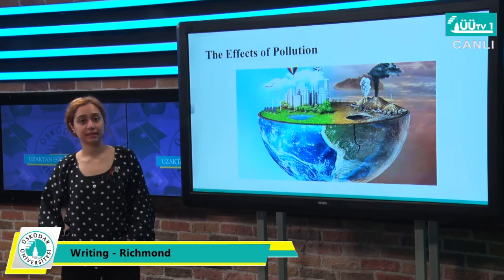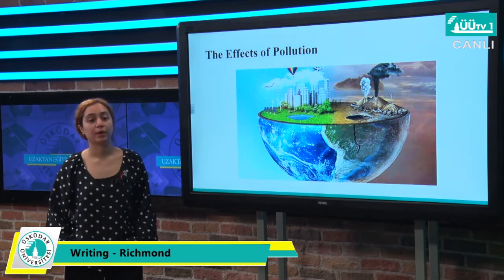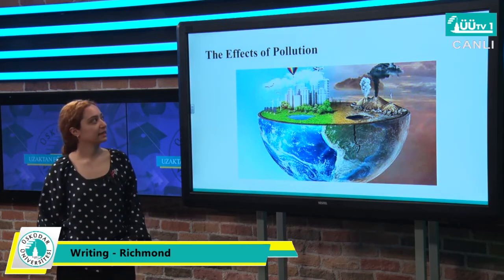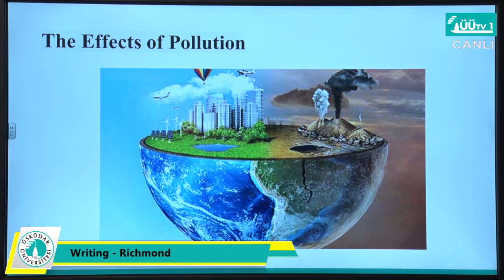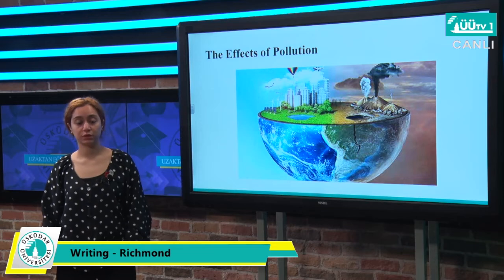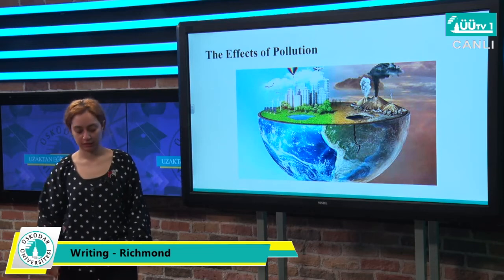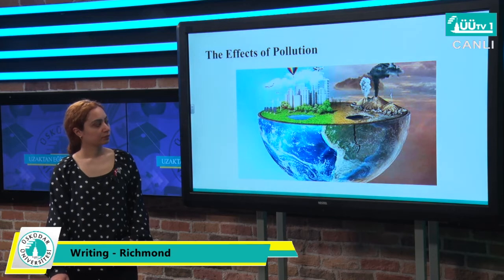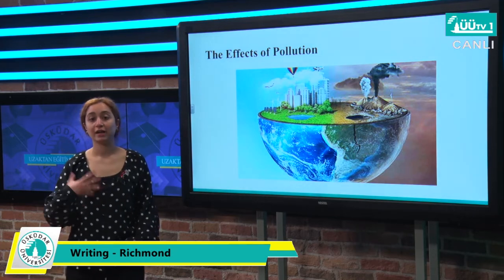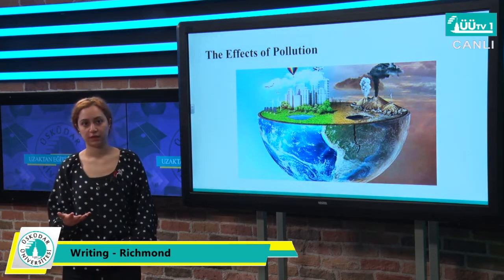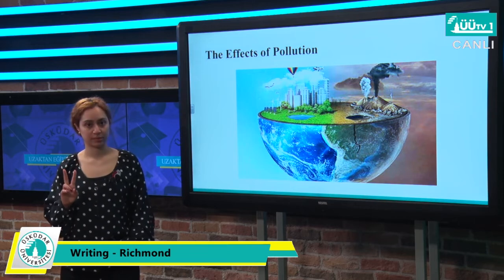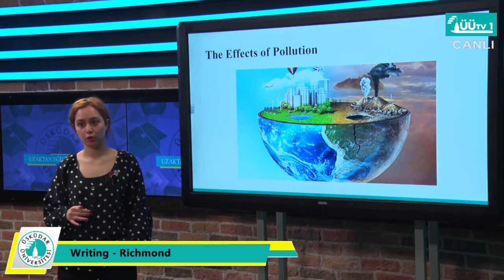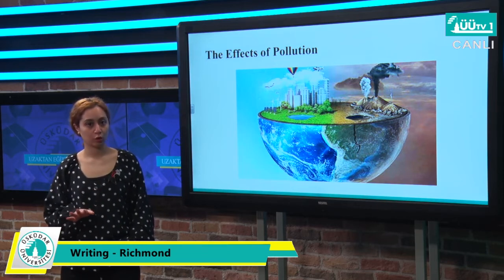So we will see a sample paragraph. Our paragraph is about pollution. We talked about the effects of pollution as a very popular topic in effect writing. So before writing the actual paragraph, there are 2 steps that we need to follow at all costs.